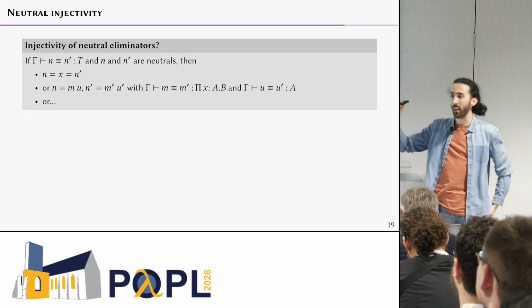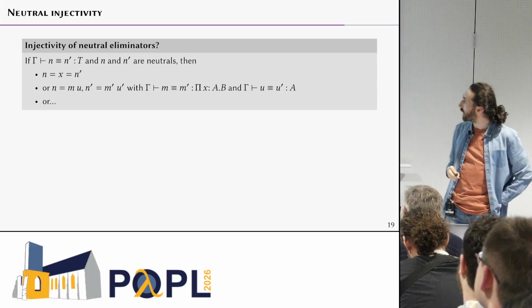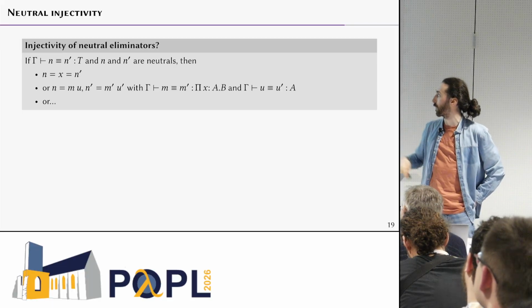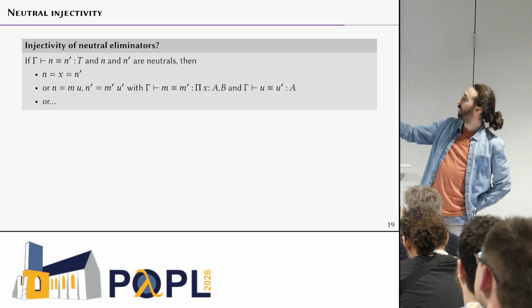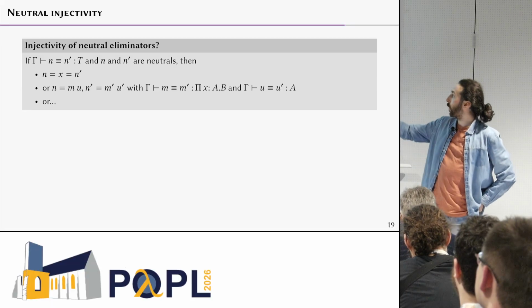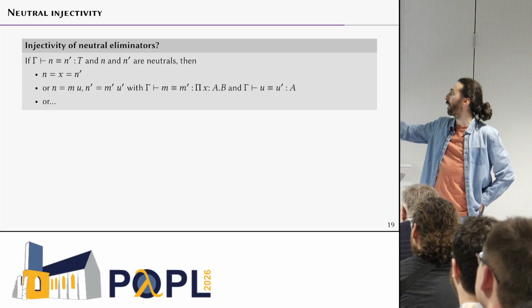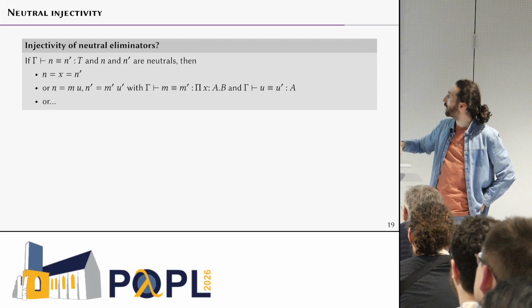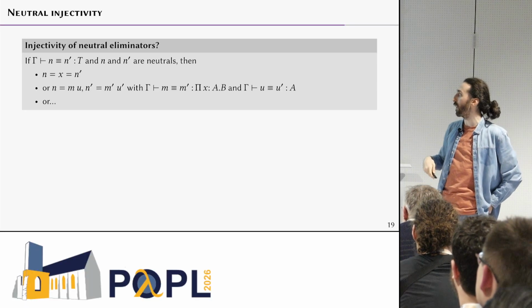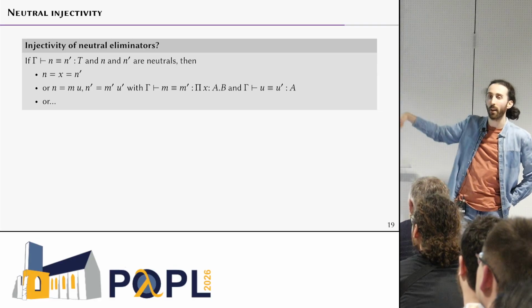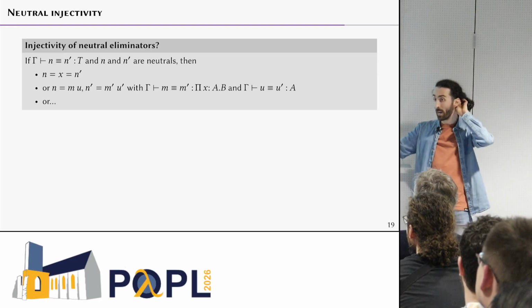Again, in the same sort of recipe as the one I showed earlier, something that says, oh, if I have two neutrals that are convertible, then they're either both the same variable, or they're both applications, and the functions are definitionally equal, and the two arguments are definitionally equal, etc., with one rule for each eliminator in your language.